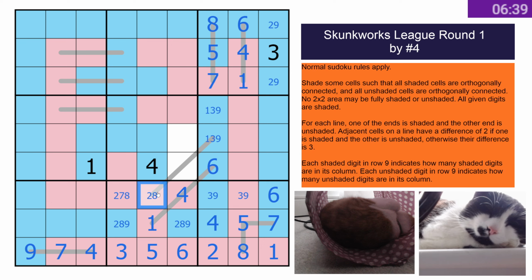That's another sort of useful thing for this. And both of those would have to go, can't have a difference of 2. This 4 and 6, they have to have a difference of 3. So that has to be a pink and a blue. And that has to be a 5 with a difference of 1. It's 9, 1, 3. Like that. That is our 7 now because of this.